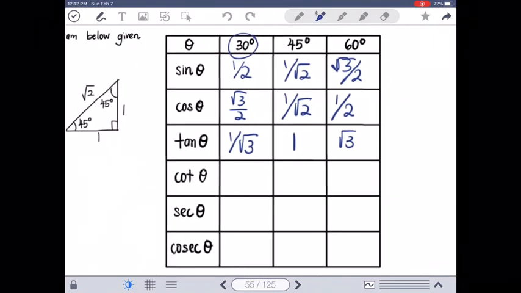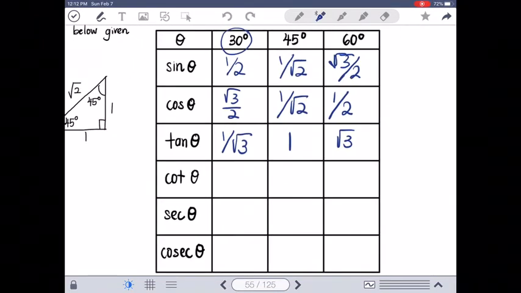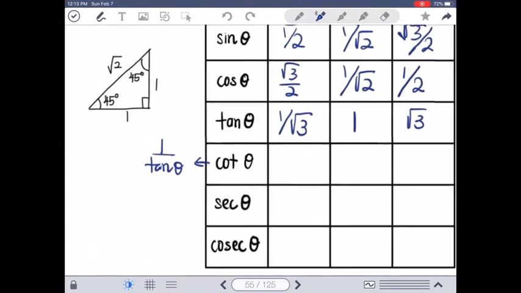Okay. Next one is cot. Cot is just 1 over tan theta.